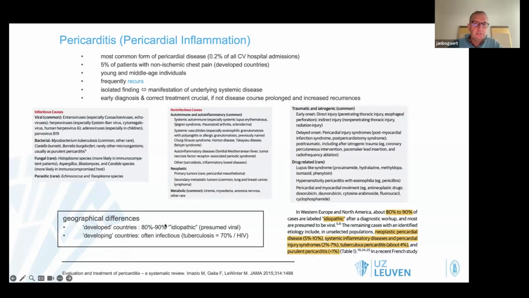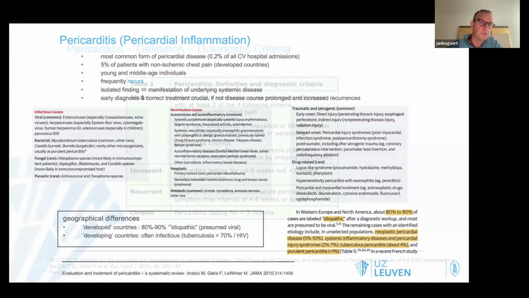If we look at the etiology, it's once again very wide, but it's considered that in developed countries, after extensive investigation, about 80 to 90% are considered idiopathic, presumed to be viral, while in developing countries, both tuberculosis and HIV are still common causes.